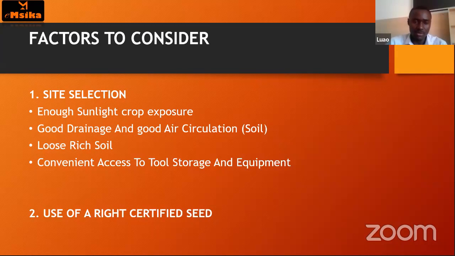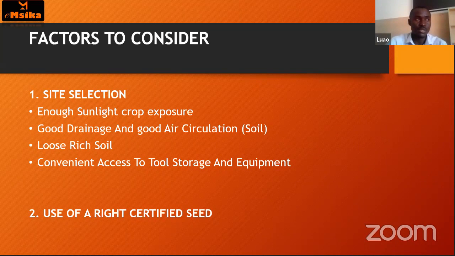Too much waterlogging is bad because it brings about problems like leaching of nutrients, and the structure of the soil is not that strong because of too much water. Air circulation supports the organism life in the soil.